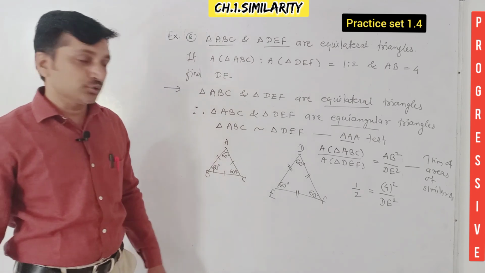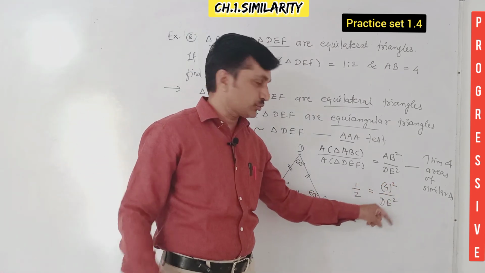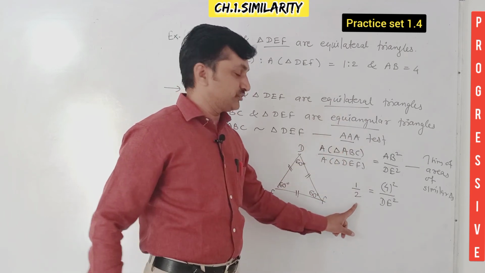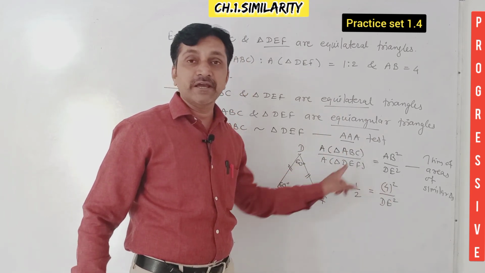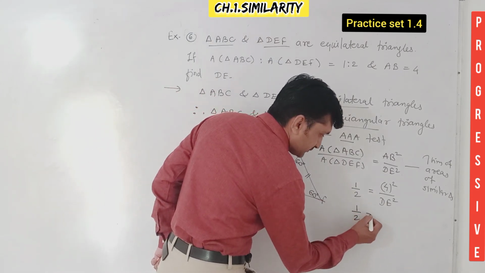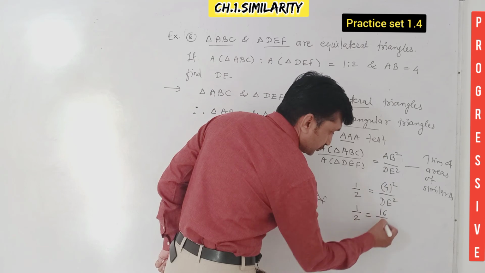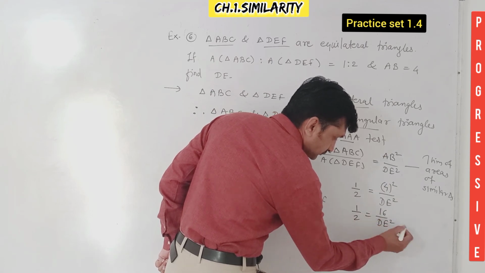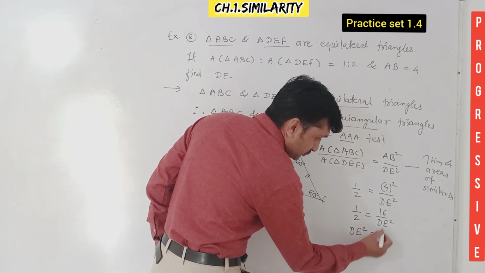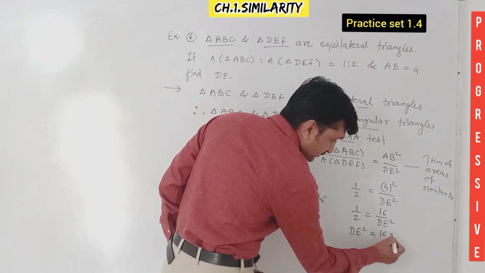Can we take square roots? 4 square is a perfect square, DE square is a perfect square, 1 is a perfect square, but 2 is not a perfect square. That's why we cannot take square roots. Then solve that. 1/2 is equal to 16 upon DE square. Cross multiplication, 1 into DE square, DE square is equal to 16 multiplied by 2.